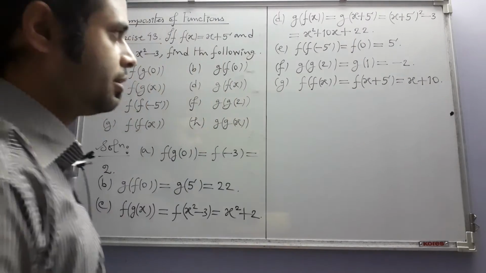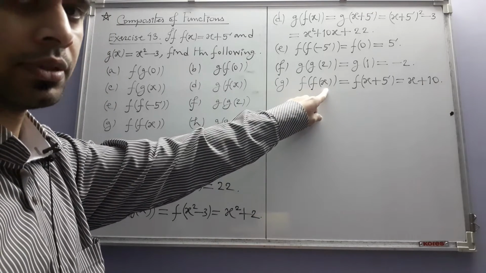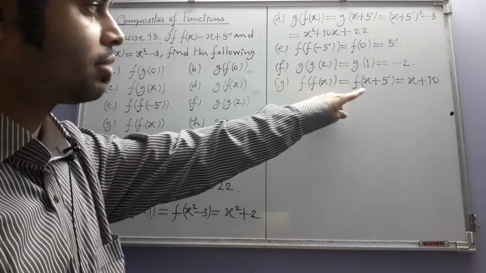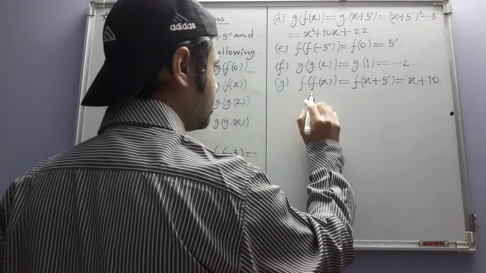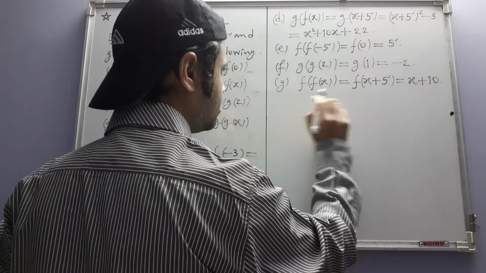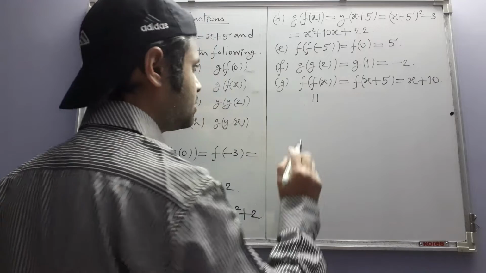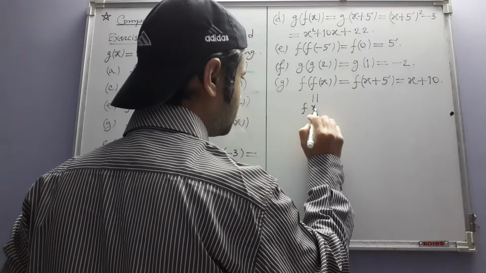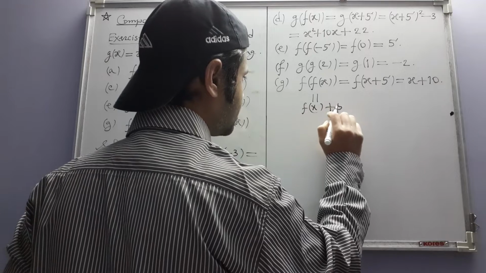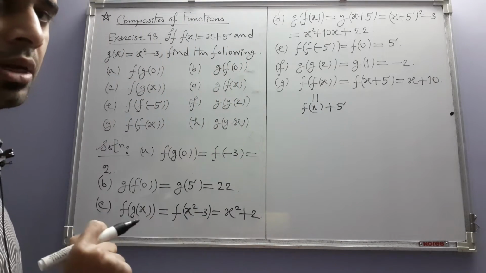Note one thing, that it's not necessary to always apply the formula to the inner function first. You can carry out the computation like this also, because f of x is x plus 5, so f of f of x is f of x plus 5, and then you can use this formula. That way also you will get the same answer.